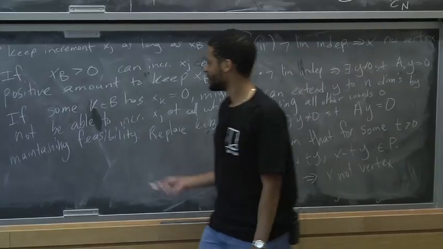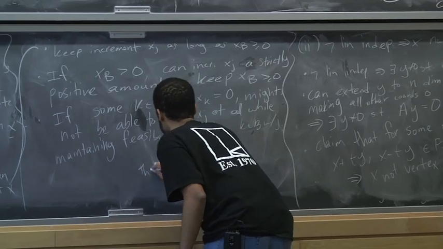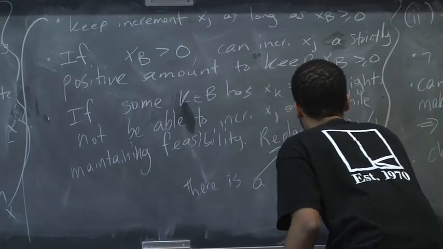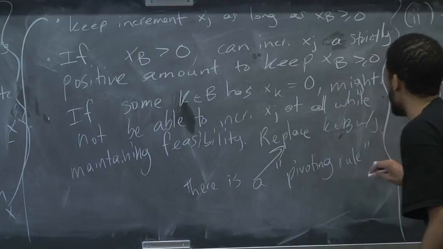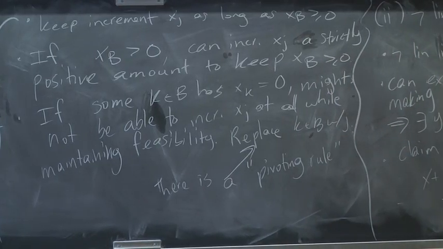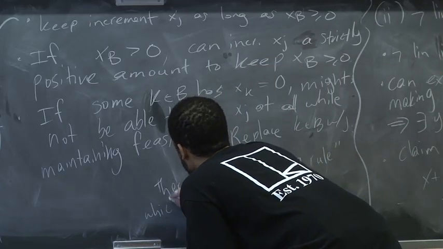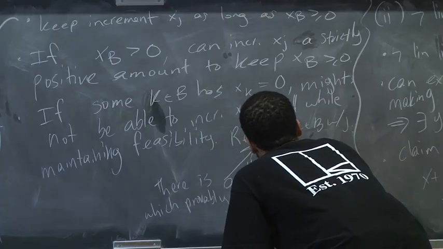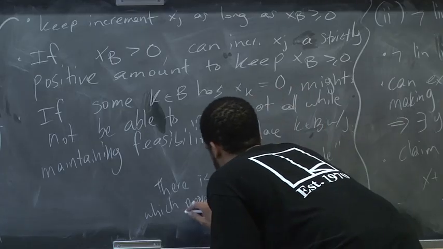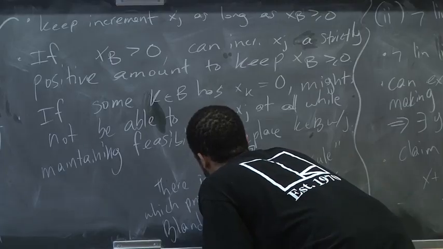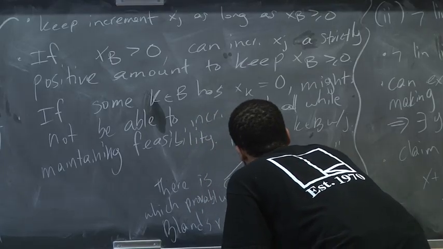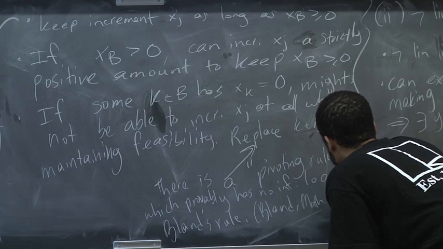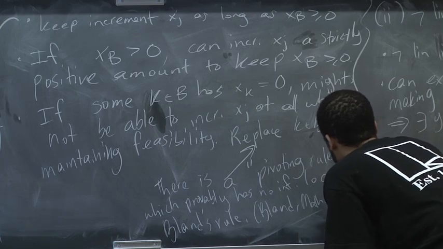So there is a pivoting rule, basically a way of greedily choosing who gets kicked out and who gets put in, which provably has no infinite loops. This is called Bland's rule, and that's due to Bland in Mathematics of Operations Research in 1977.